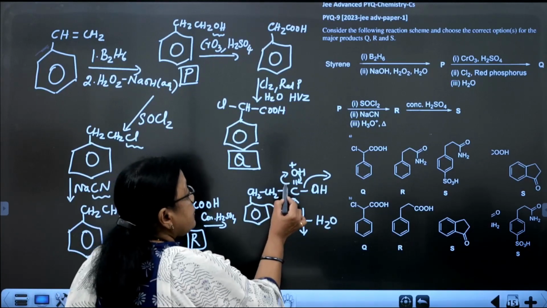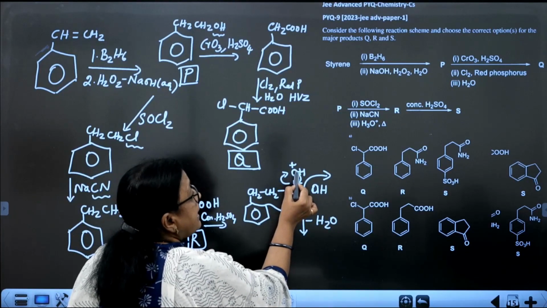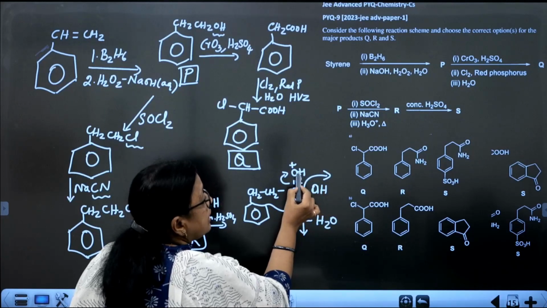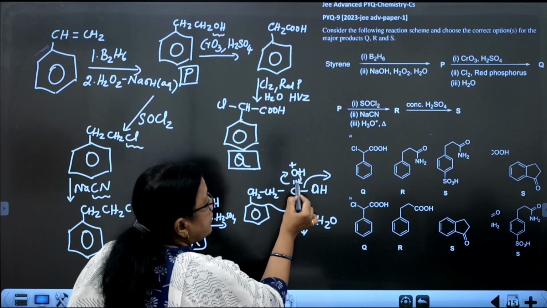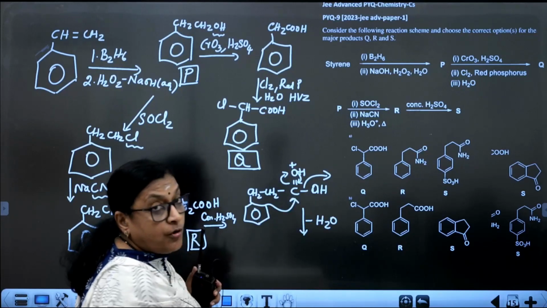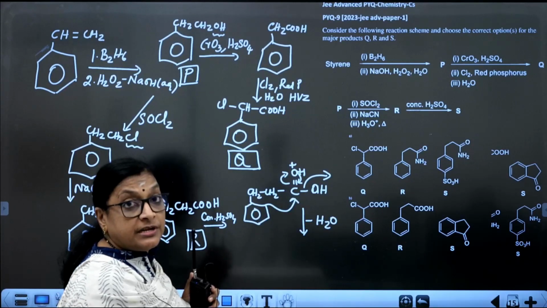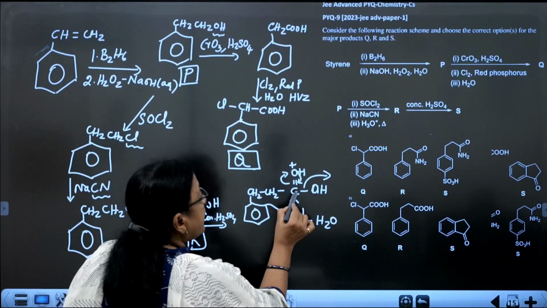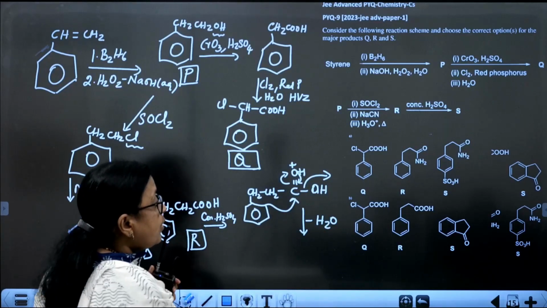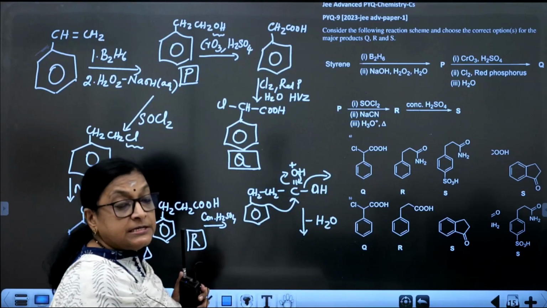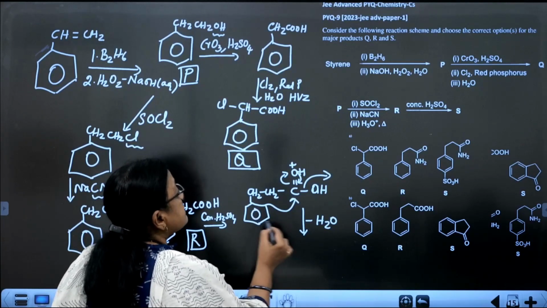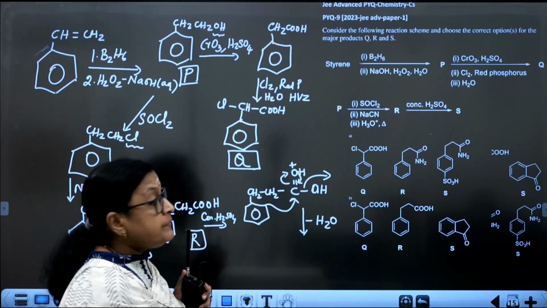When this H plus leaves, the pair of electrons comes back, so C double bond O is regenerated there. One H plus and one OH minus leave, dehydration resulting in cyclization.